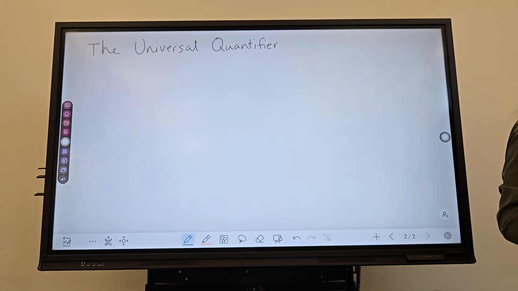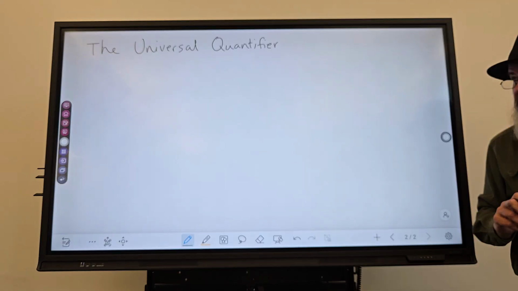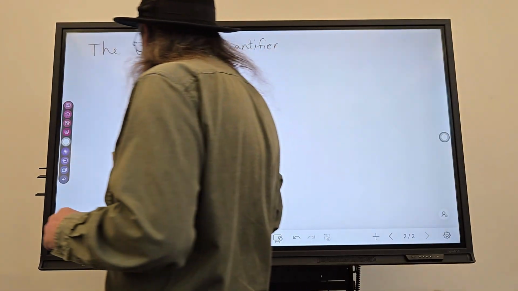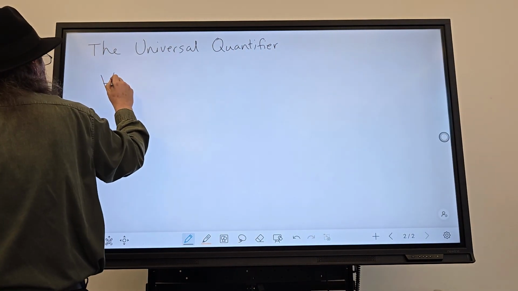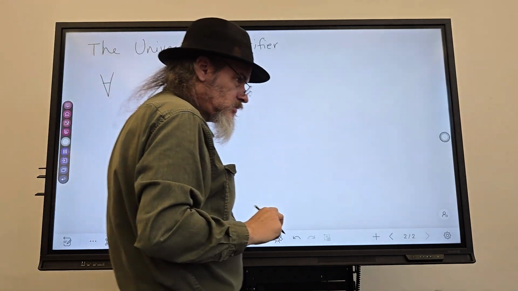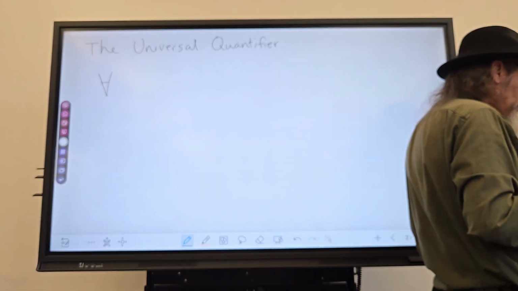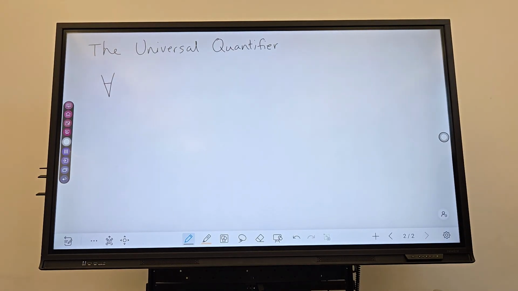This was done in the previous example. Another way to do this is to use quantifiers. Quantifiers are words that refer to quantities such as some or all and tell for how many elements a given predicate is true. The inverted A is the universal quantifier. It can be read as for every, or for each, or given any, or for all.